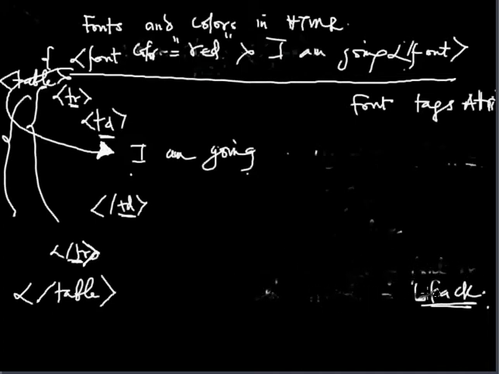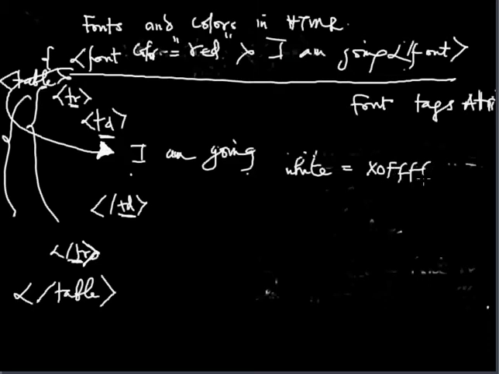I'm just going to mention two types of colors, and I'll take you to an example of how the color looks. If you want white color, it's like 0xFFFFFF.